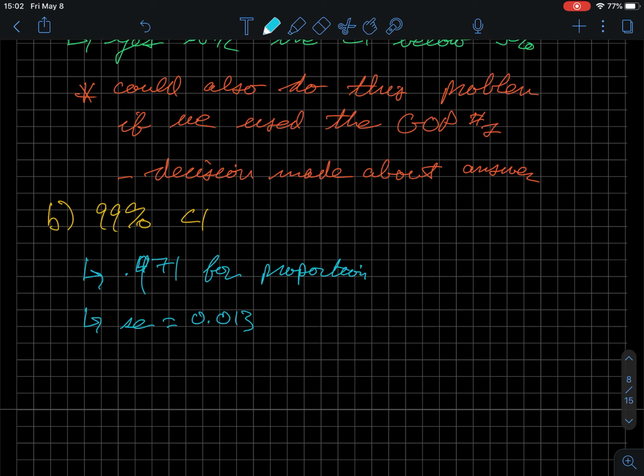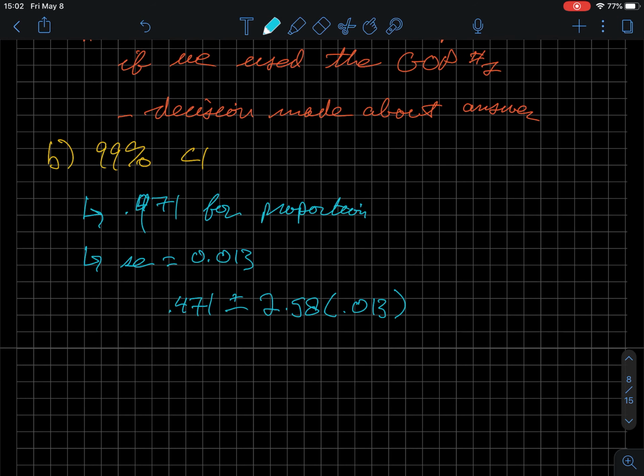We're trying to figure out 0.471 plus or minus, and instead of 1.96, we use 2.58 times our standard error. There's nothing wonky here.